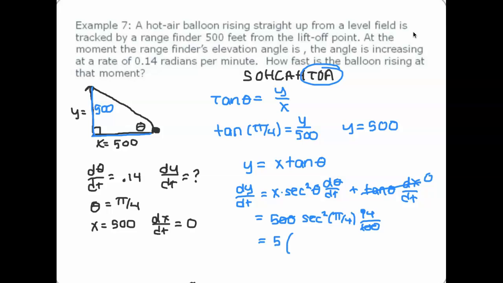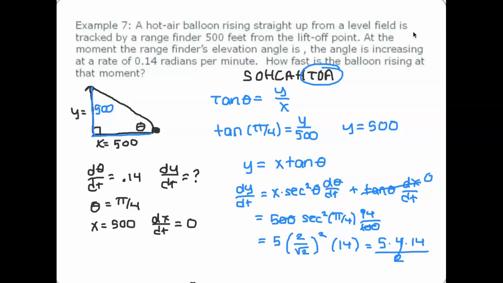If cosine is root 2 over 2, secant is 2 over root 2, being squared, times 14. So that becomes 5 times 4 times 14 all over 2 squared, or 2 square root of 2 squared, which is 2. So 5 times 4 times 14 all over 2.